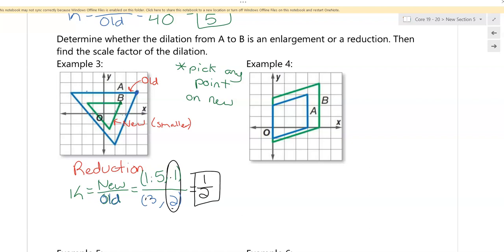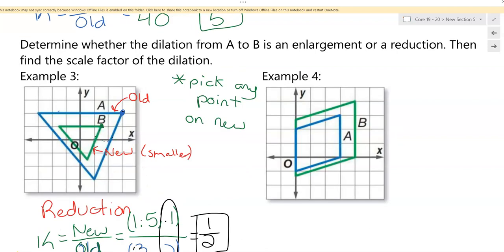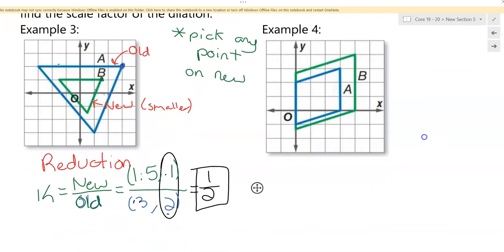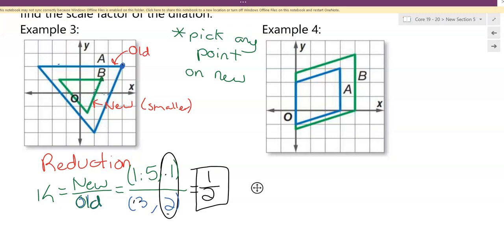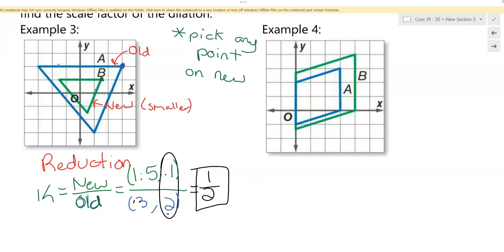Okay, so let's look at example 4. So same idea. We want to first decide if it is an enlargement or a reduction. So I'm going from A to B. That means A is my old, and B is my new.